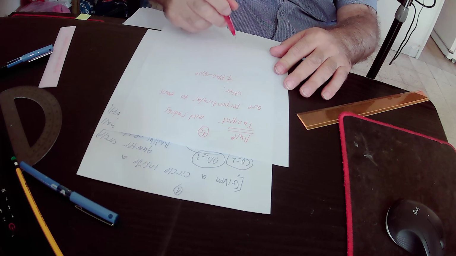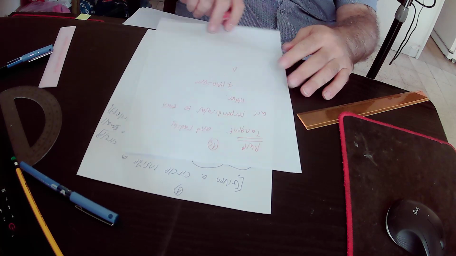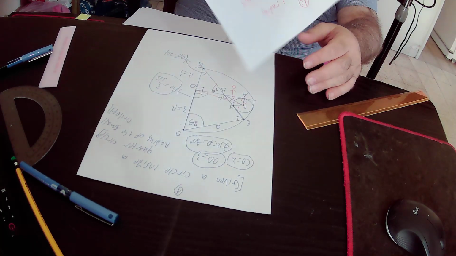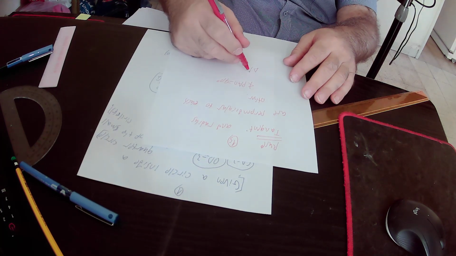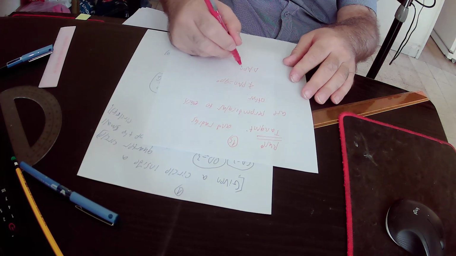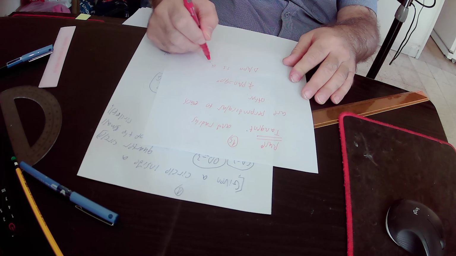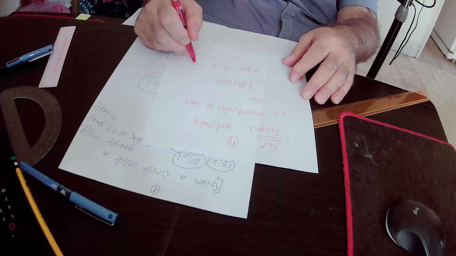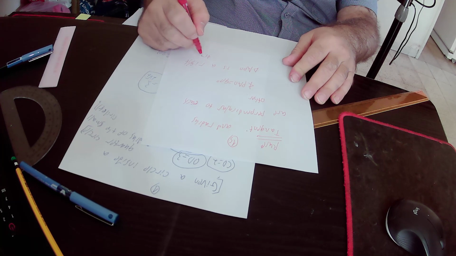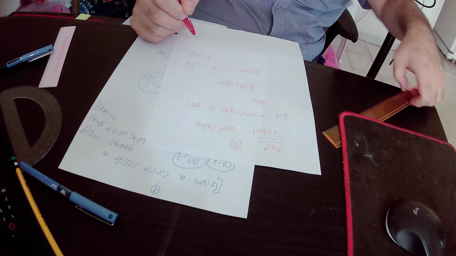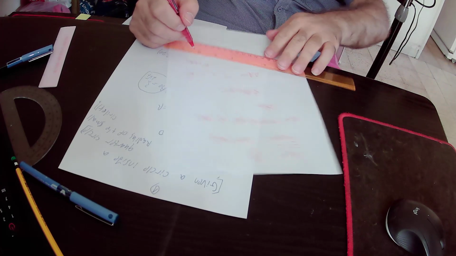Therefore triangle APO is a right triangle.